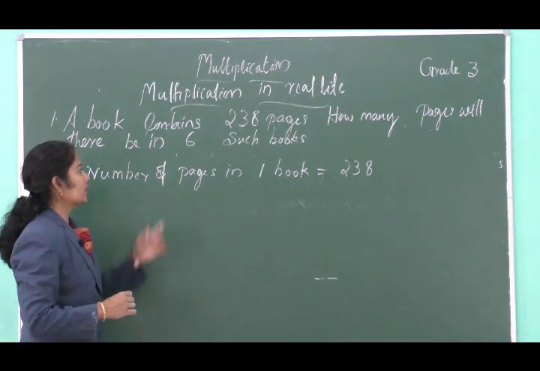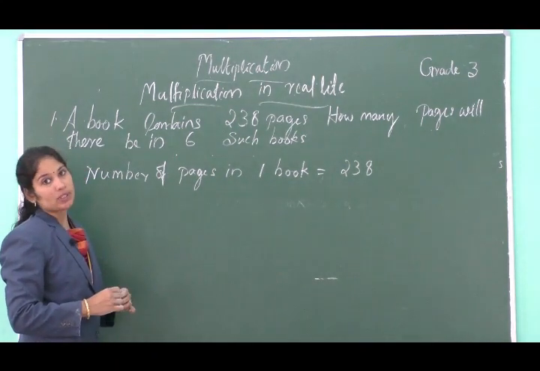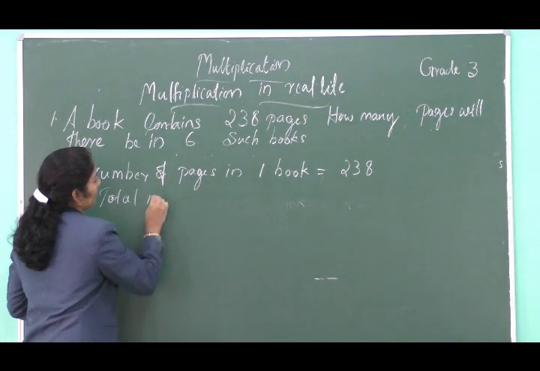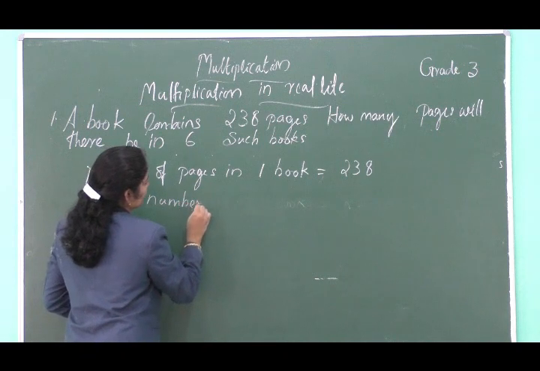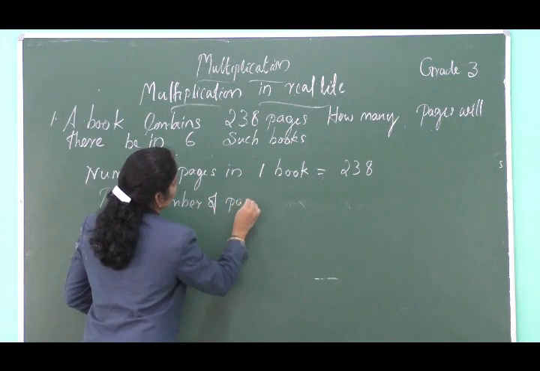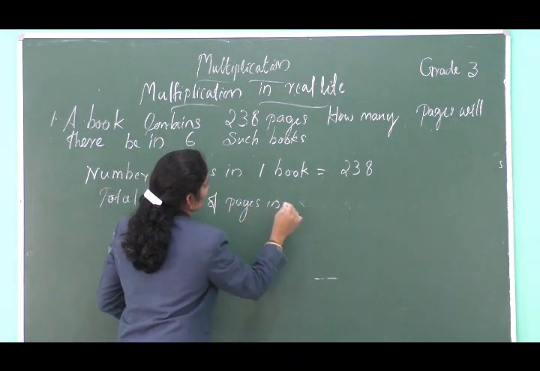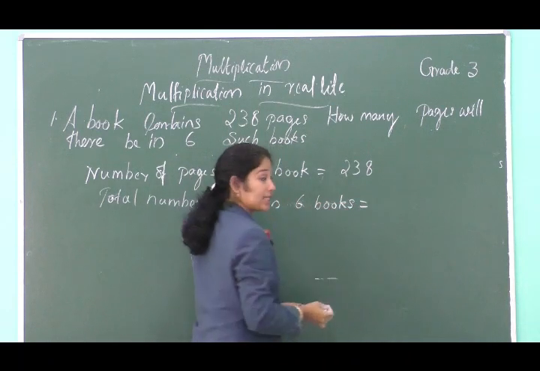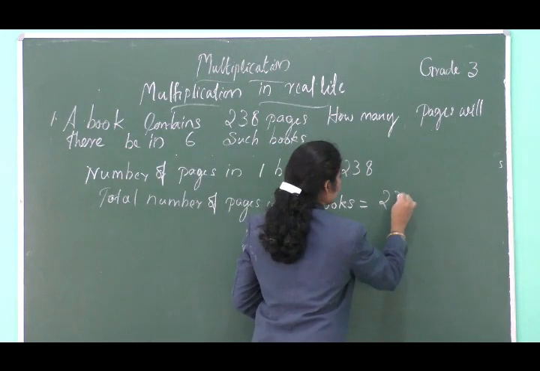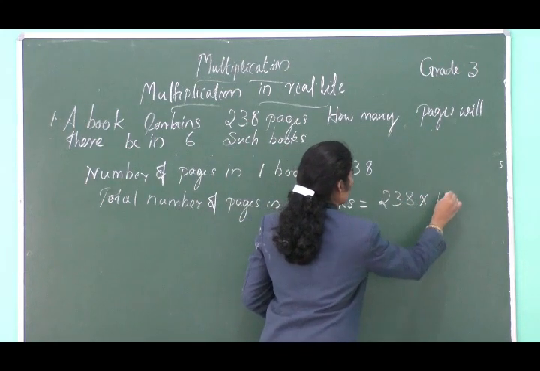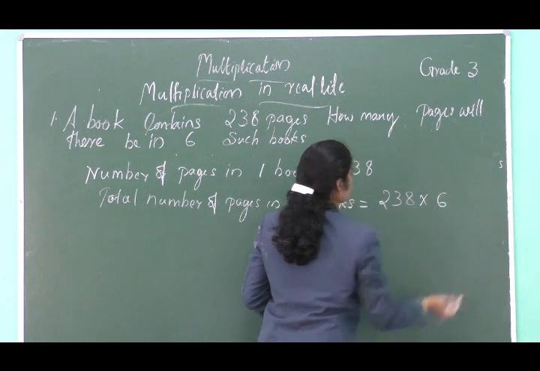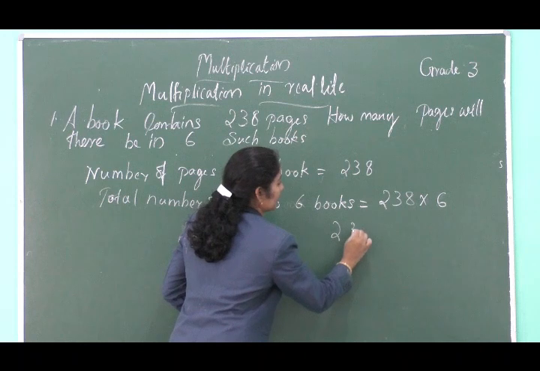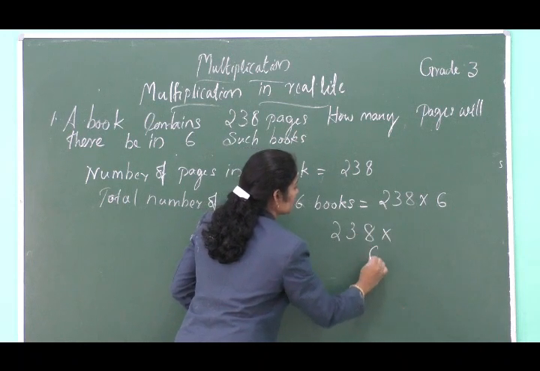So total number of pages in 6 books we have to find out. So, total number of pages in 6 books is equal to 238 into 6. So we have to multiply 238 into 6.